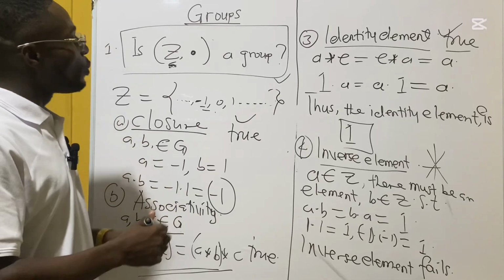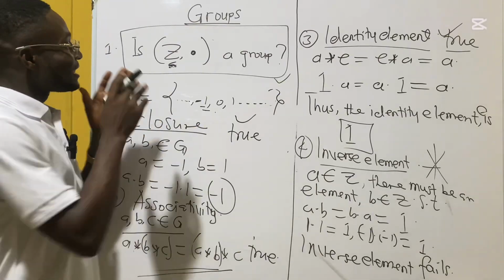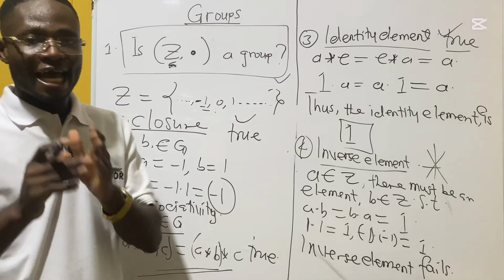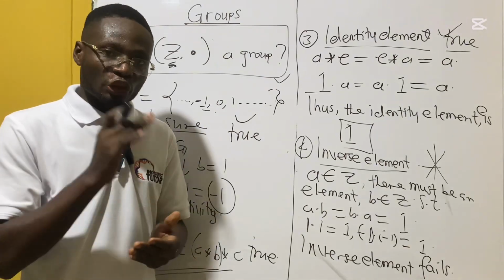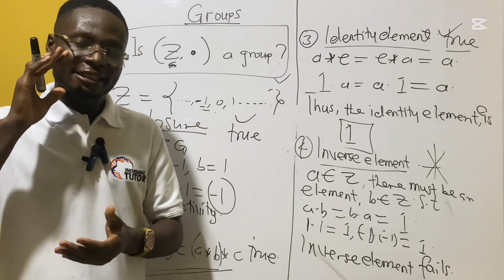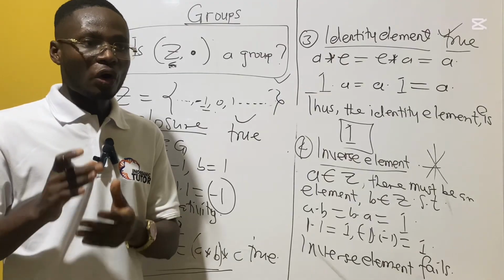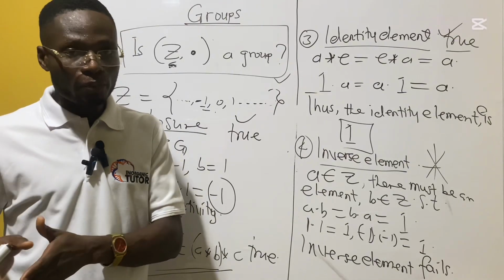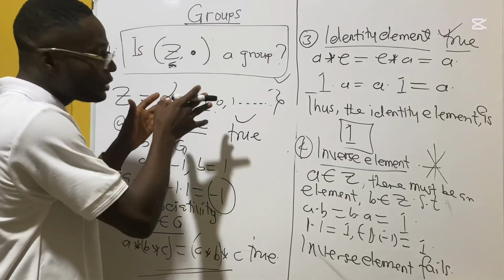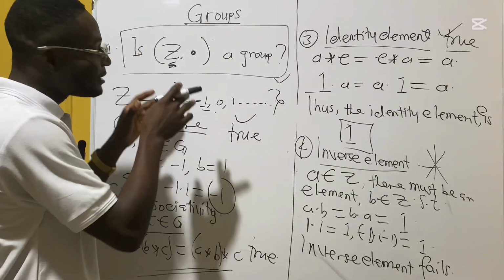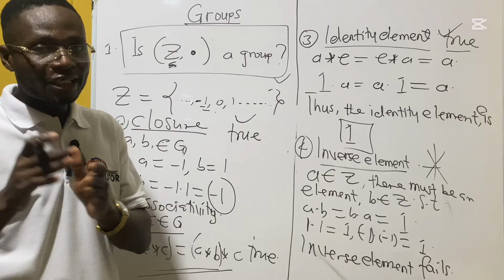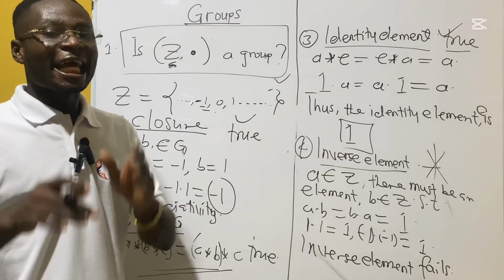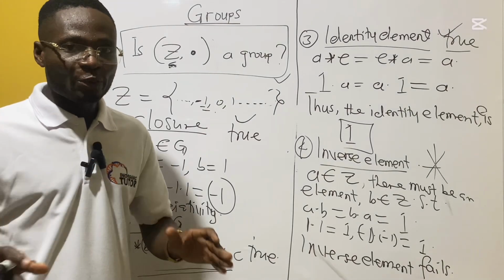So we can conclude that since the inverse element does not satisfy the properties of a group, Z under multiplication, or integers under multiplication, is not a group.